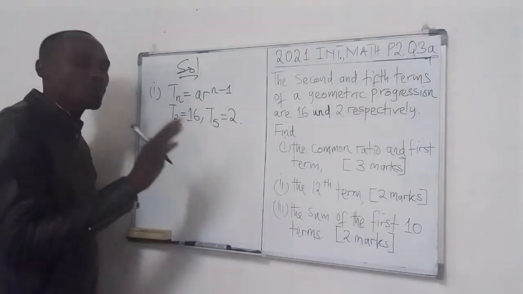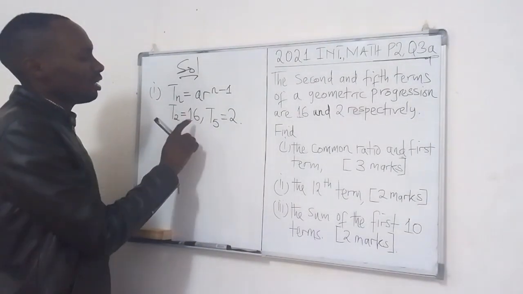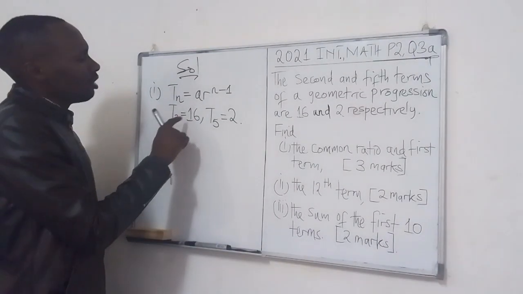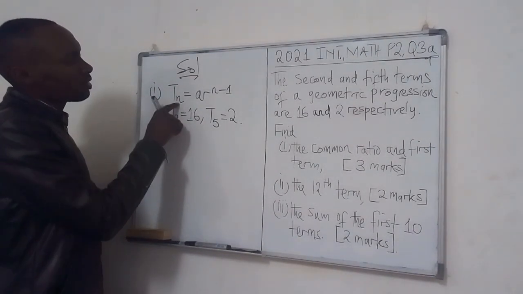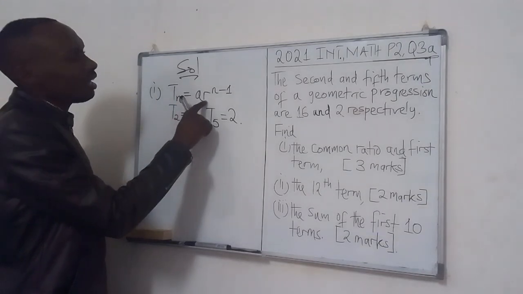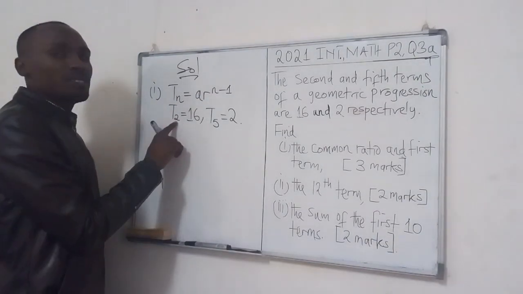Now we're going to come up with 2 equations from these 2. T2 is equal to 16. So this means that T2, which is 16 here, is equal to a r to the power n minus 1, where n is 2.